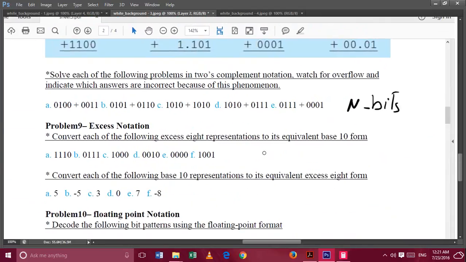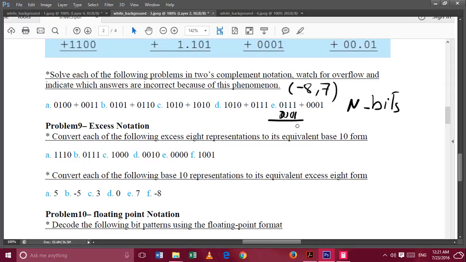Why is this useful? Because I know the range now is minus 8 to plus 7. So even before doing the addition, this is 7 and this is 1. So I know decimally this is going to come up to 8, which is above the limit that this system can represent. But even if we want to do it manually, this is how we're going to do it.